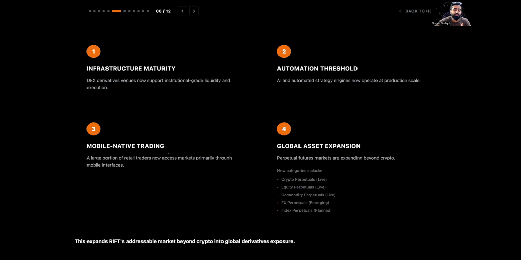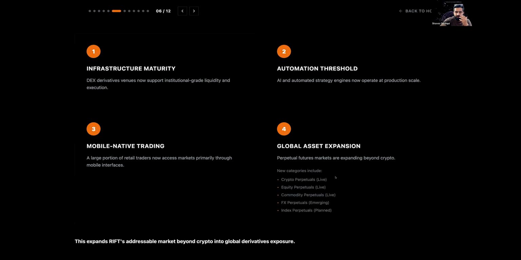Then mobile native trading, people love it. It's like a game. A large portion of retail traders now access markets primarily through mobile interfaces because it's easy for them to access. Then global asset expansion. As I said, as I gave you the idea yesterday, around 50 to 70,000 new assets come into existence every single day.